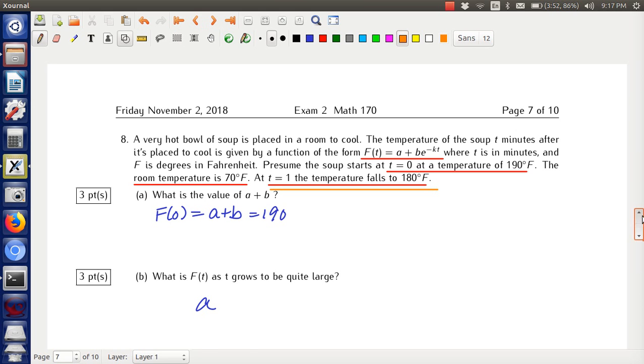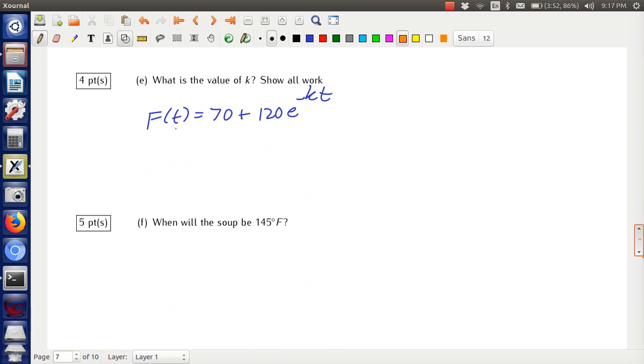T is equal to 1, you get 180, and that's what we're going to have to use to extract out this last bit of information. Okay, so we have 70 plus 120 e to the minus k is equal to 180. And that's enough information to figure out what the k is.